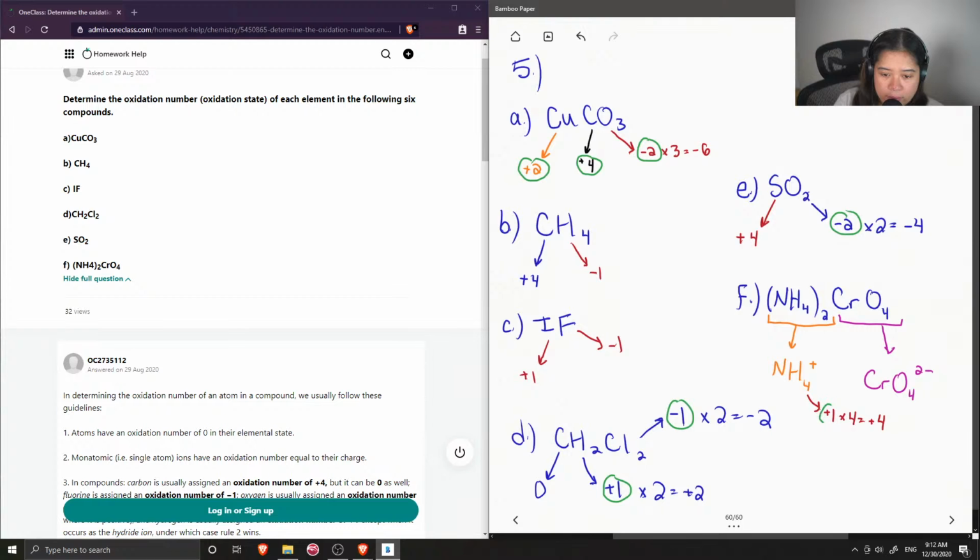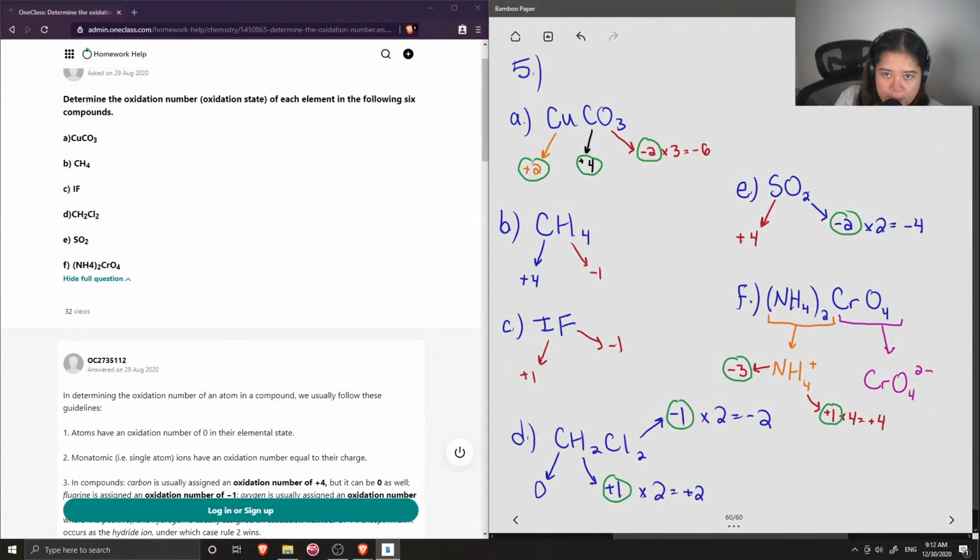So I'm going to circle +1 since this is the answer for the hydrogen. And since the ammonium ion has an overall +1 charge, that means the oxidation number for nitrogen should be -3. So this gives us an overall +1 charge for the NH4 ion.